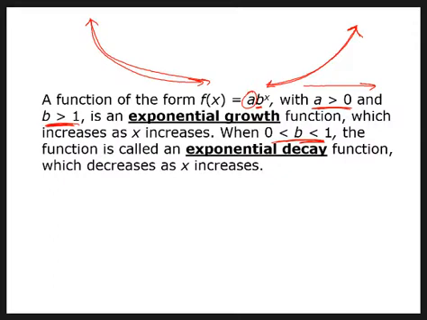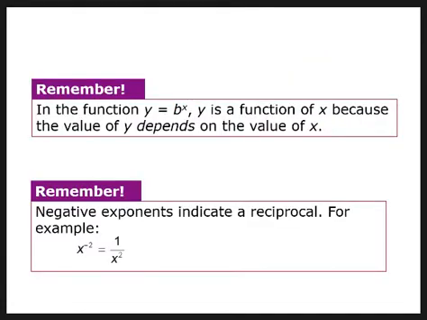Now, if that didn't make a whole lot of sense to you, that's okay. It's one of those things where sometimes it helps just to be able to see things to get a better idea. Okay, now just a couple reminders here as we move forward. Remember, we've been talking about f of x equaling b to the x, an exponential function.